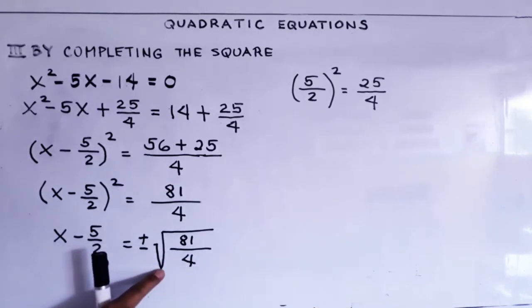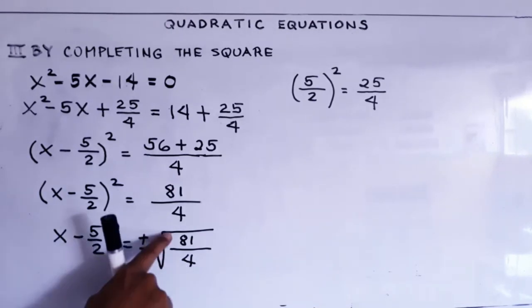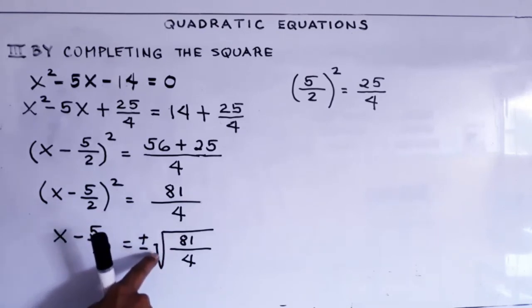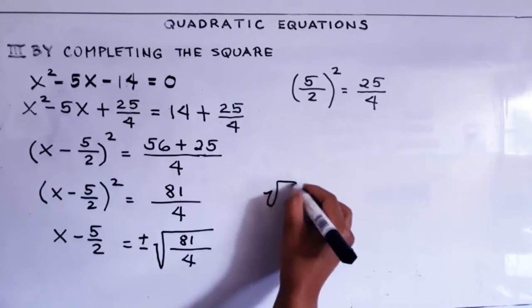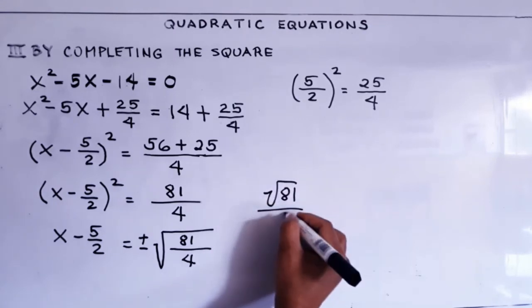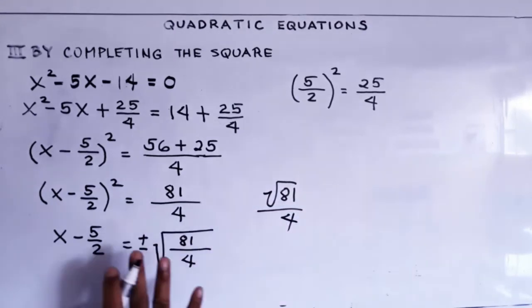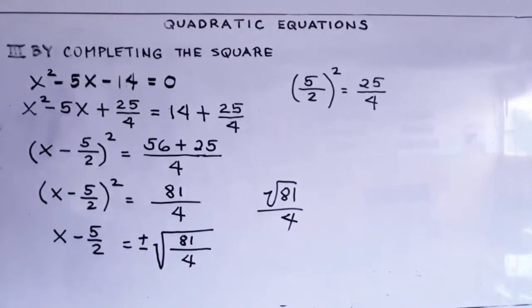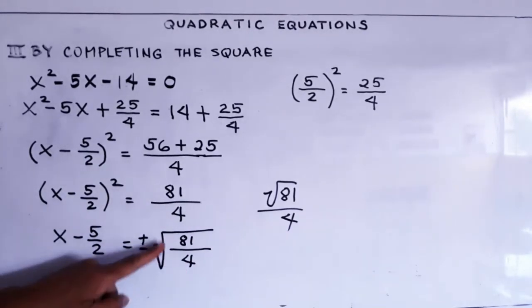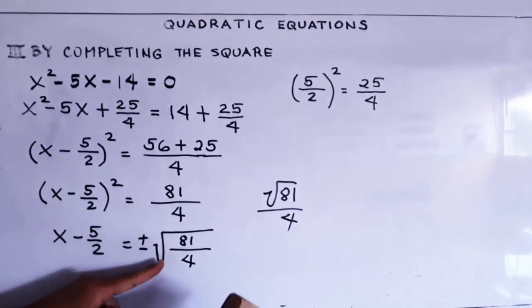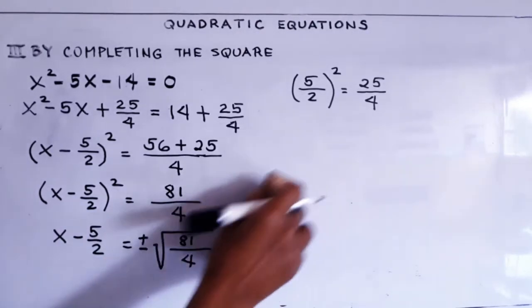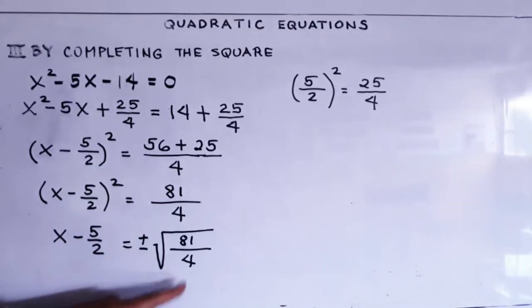Take note of the square root. It is not only for 81 but the whole thing including the 4. So make the line longer. Do not write that one like 81 over 4, which is wrong. If that one is included, make your line longer. So it should include the 4 also.